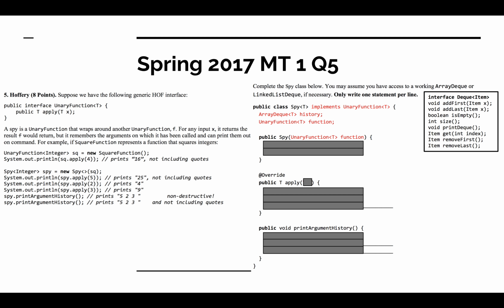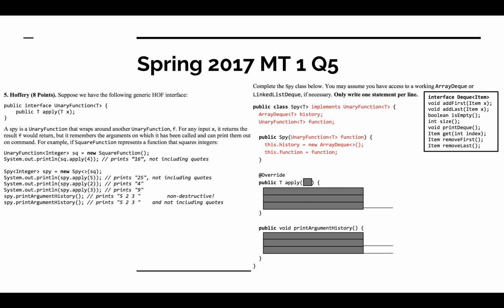There are two things we need to do in the constructor. Yeah, so we're going to set this.history to a new array deque, and we're going to set this.function to the function that we take in. And then does anyone want to help with apply?